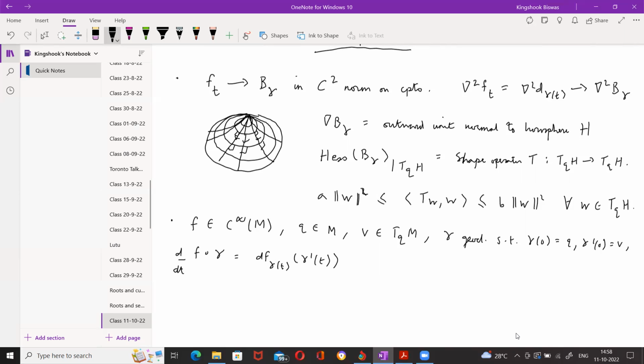So by definition of the gradient vector field, this is the same as the inner product of the gradient vector field of f at the point gamma t with gamma prime t, right? Yes. Okay.